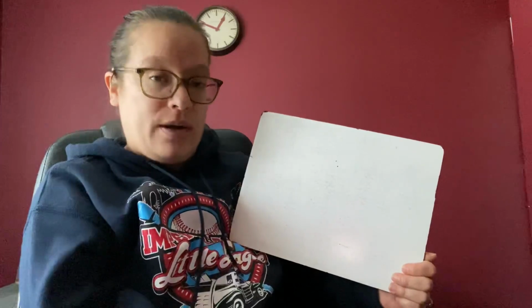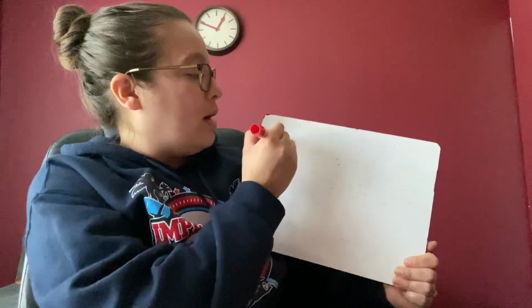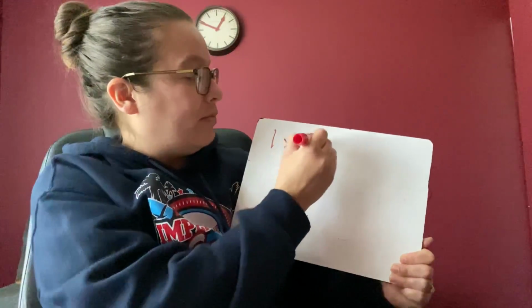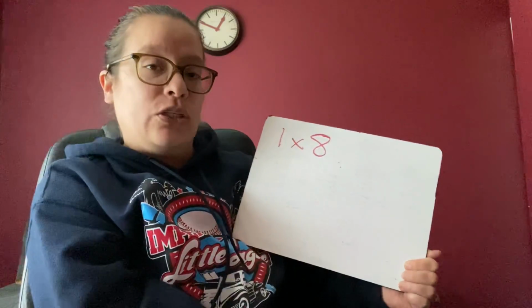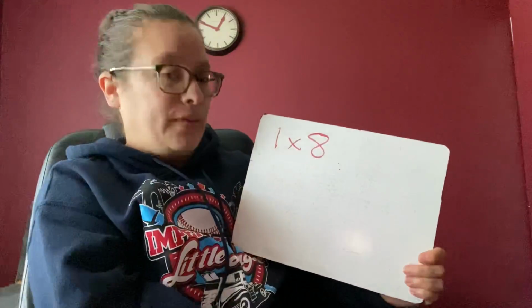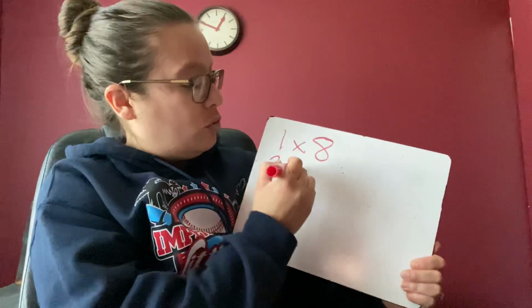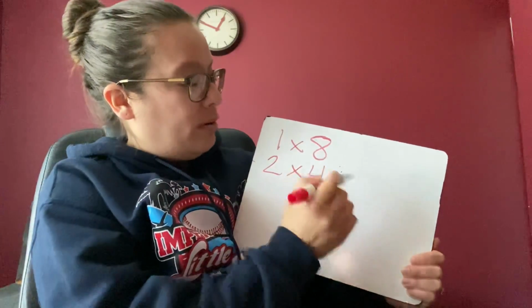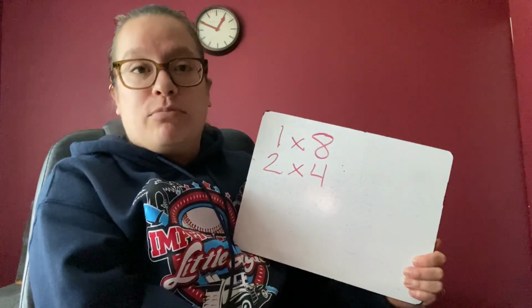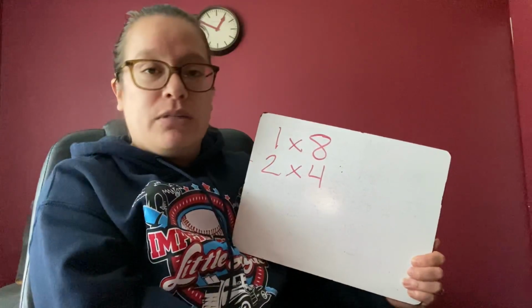Let's do a few more examples. Again, remember that a factor is a number that when you multiply gives you that number. So let's find the factors of 8. Let's start with what number? 1. Great. 1 times 8 gives us 8. Can you multiply 2 by something? Yes. Great. 2 times 4. 3. Nope, 3 can't go into 8. 4.